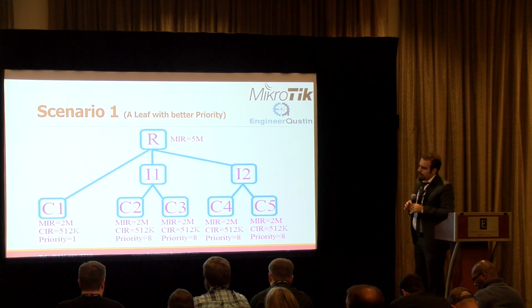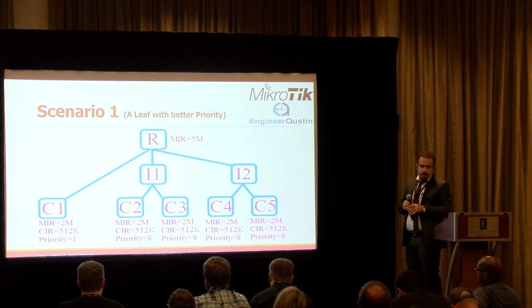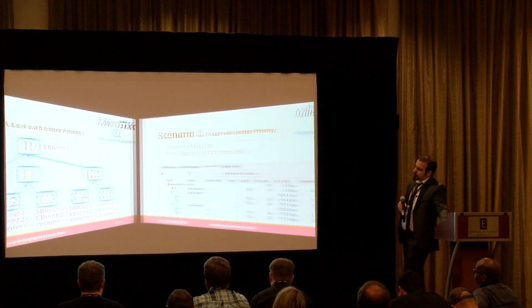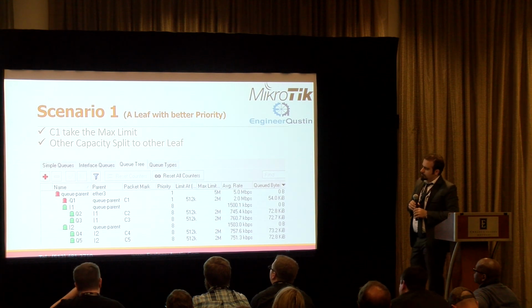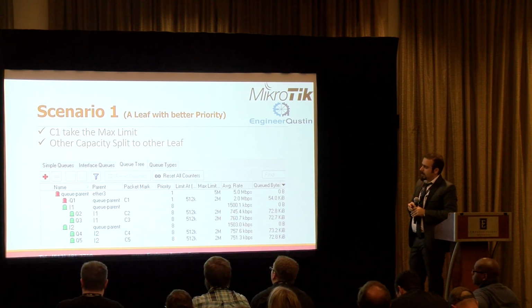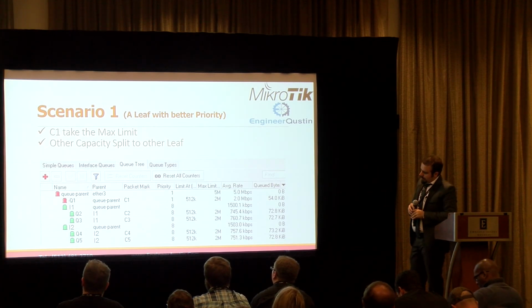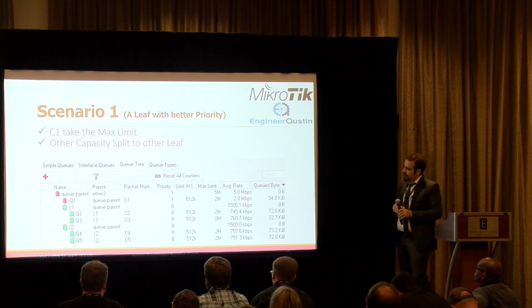We set the MIR and CIR the same as each other for the leaf queues. What happened? As you see, the leaf queue with the highest priority takes the larger amount of the traffic, and the remaining traffic is divided among the other children.